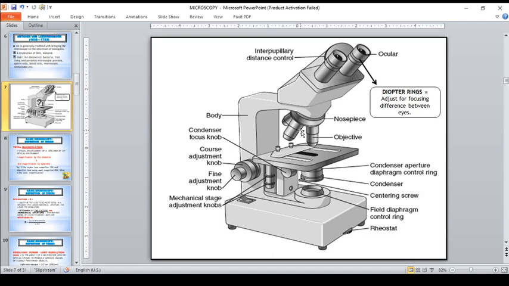So for the compound microscope that we have in the laboratory, take note we have 4 objectives. Can you please enumerate them? Ano yung mga pangalan nila? I will give you time to think about those objectives. From the objective with the lowest magnification, we have the scanner.